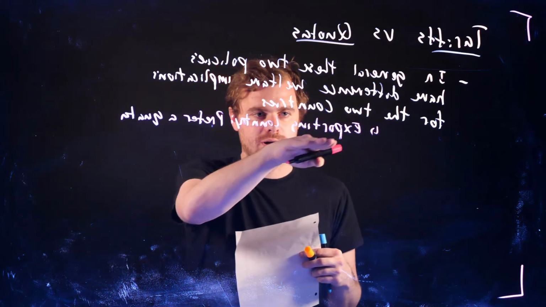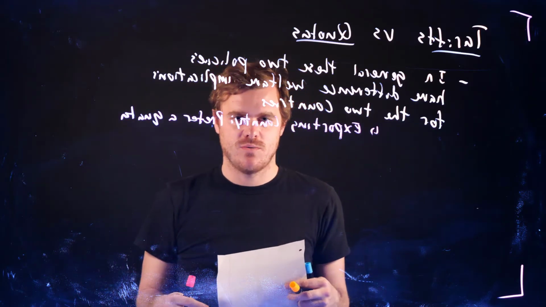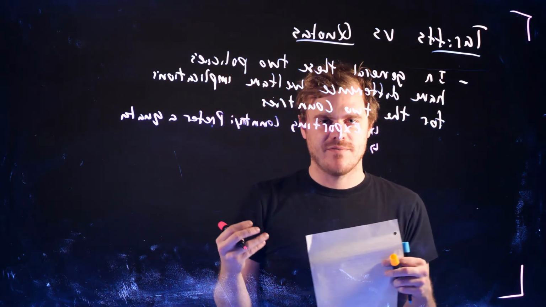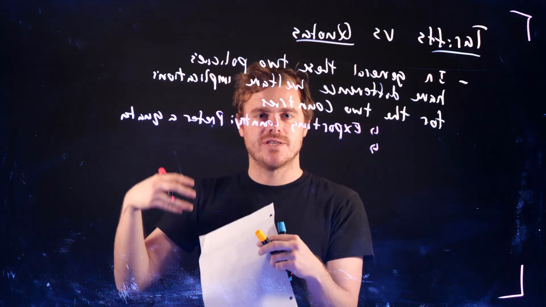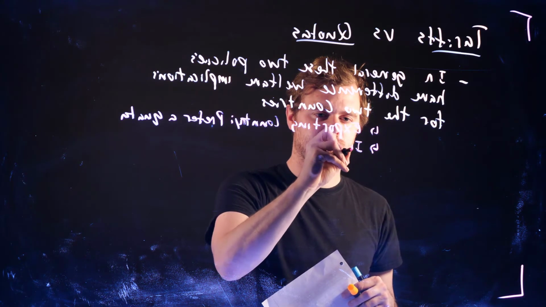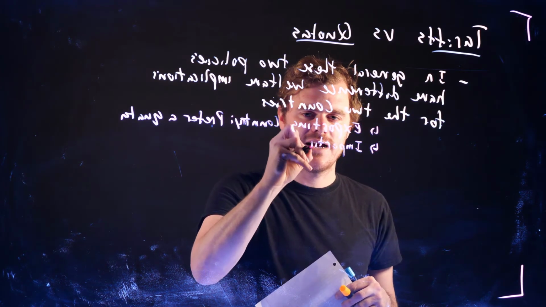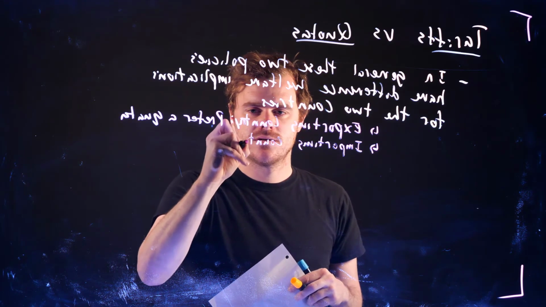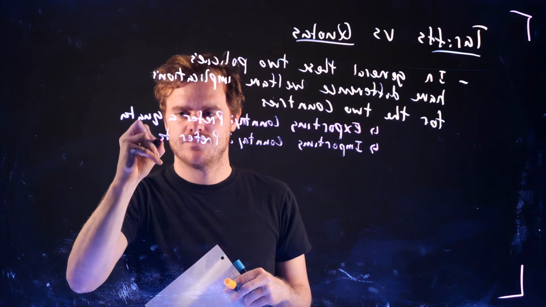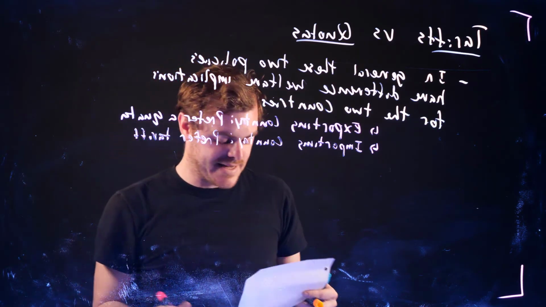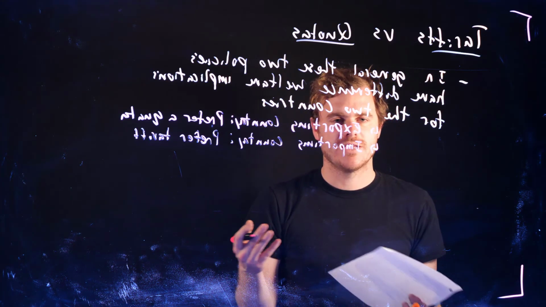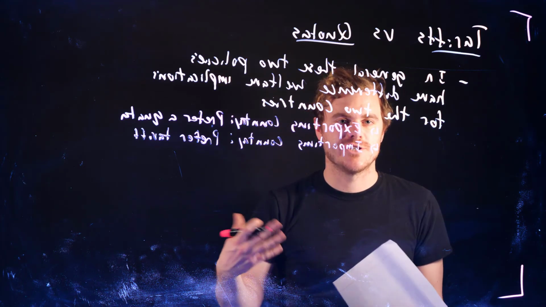And so the exporting country prefers this quota over a tariff, because if you remember the tariff, that area was transferred to the government of the importing country. So importing countries are going to prefer the tariffs, because they got to collect that extra revenue. So that's the real trade-off here, or that's a real difference between these two protectionist policies.